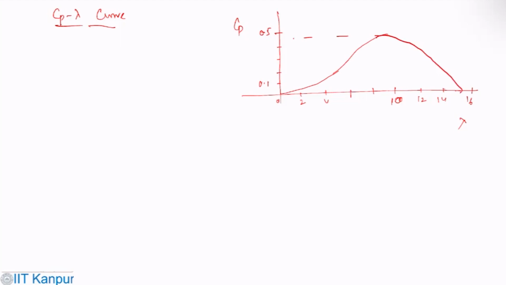Once the blade has been designed for optimum operation at the specified design speed ratio, the performance of the rotor over all expected tip speed ratios can be determined. Essentially, the optimum blade is now used for various lambda.